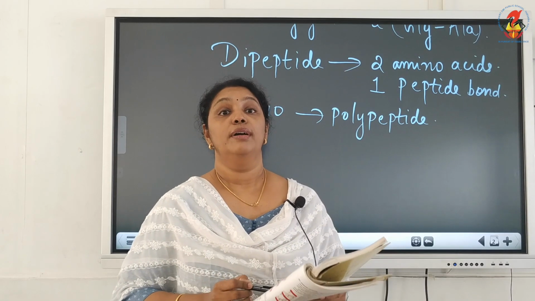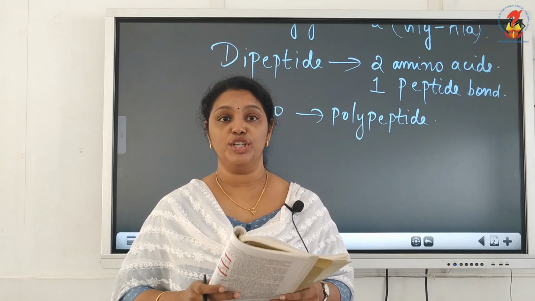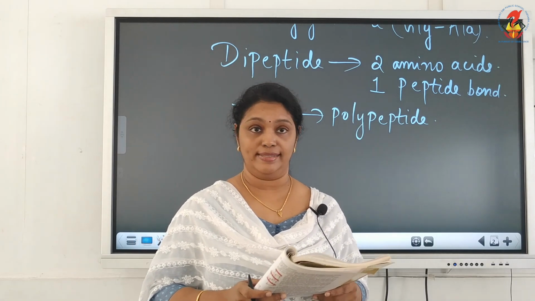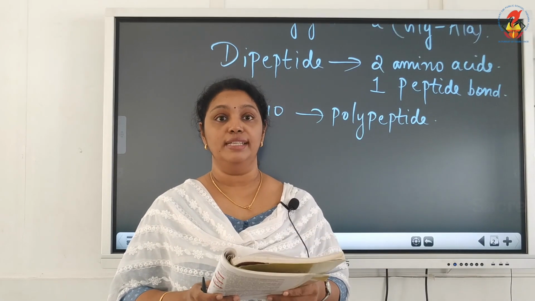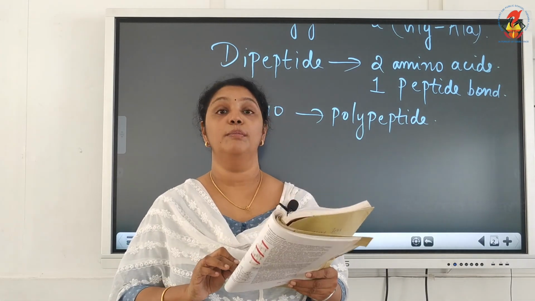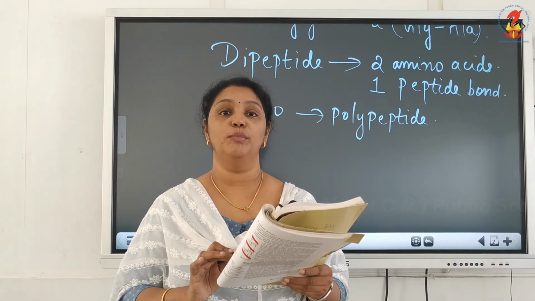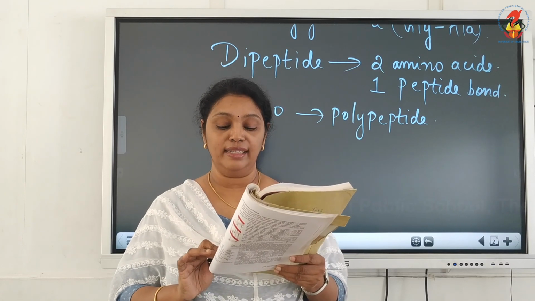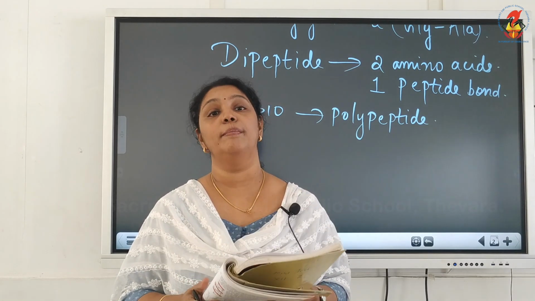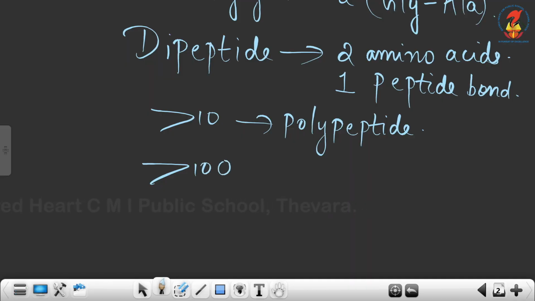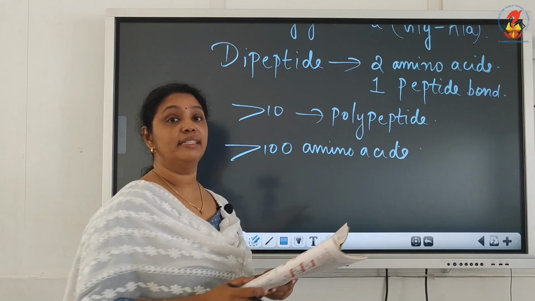Now, again we are going to see a definition for protein. Already we discussed proteins are the polymers of alpha amino acids. Now, the next definition: a polypeptide with more than 100 amino acid residues having molecular mass higher than 10,000 u is called a protein. So, if we have more than 100 amino acids, we can call it a protein.